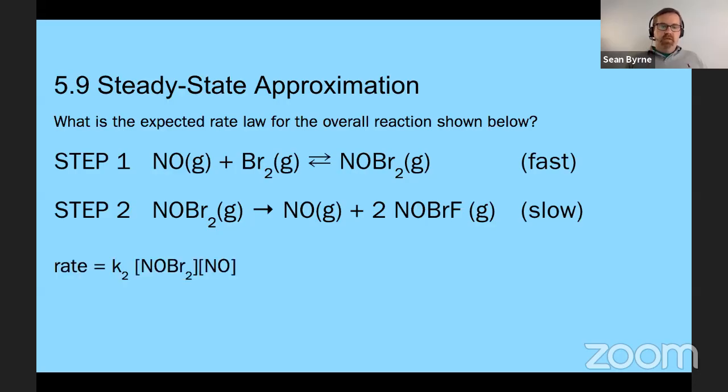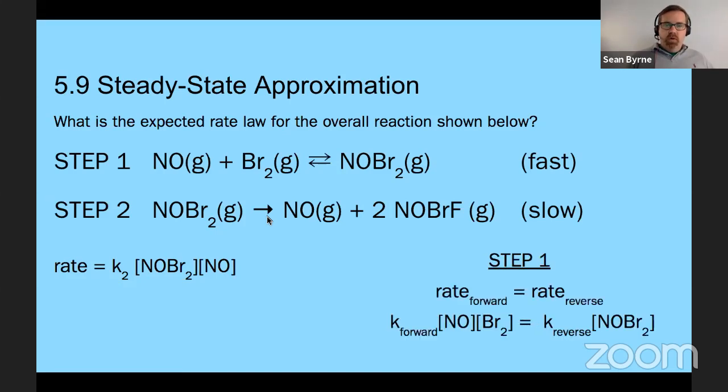And my solution to this would be similar to what we did before. The trick here is that we would write our rate as NO-BR2. We're going to include NO times BR on this side, BR2 on this side.